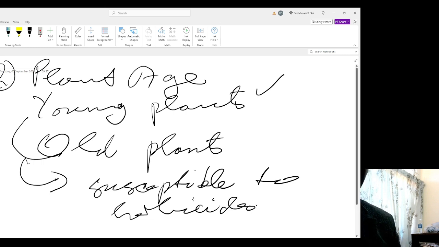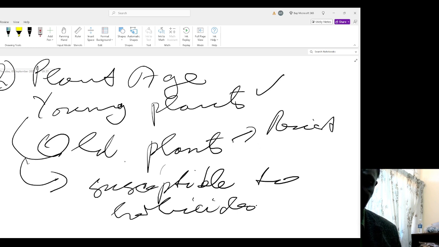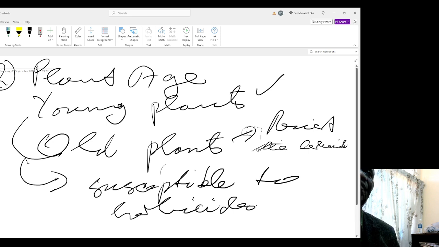This is the reason why we say that if you are applying post-emergence herbicides, you should target the young weeds, because the old weeds may not die. These are likely to resist the herbicide. So plant age is one factor.